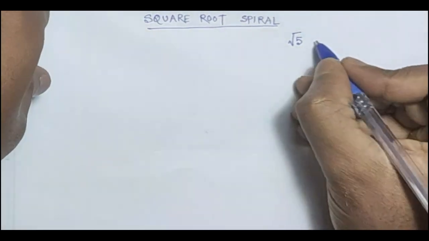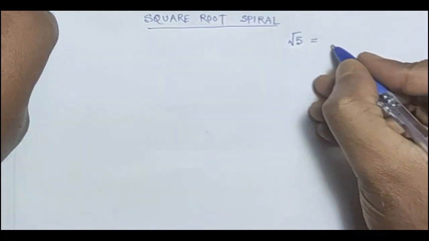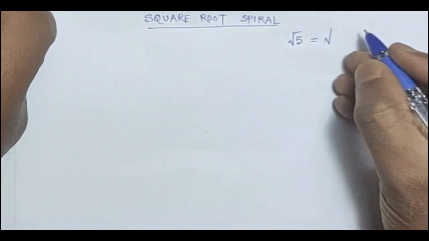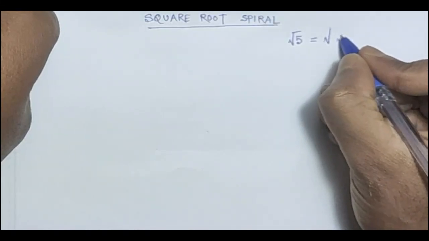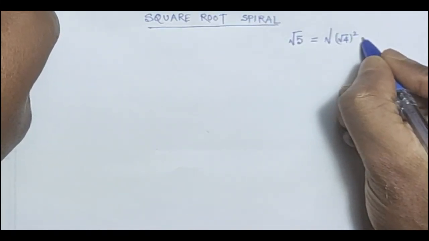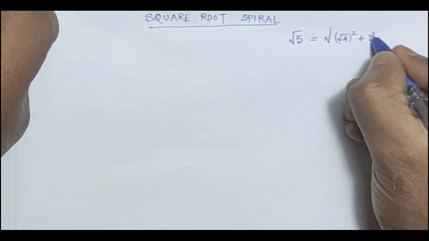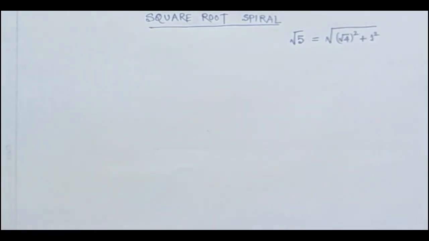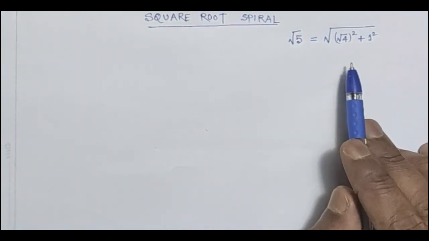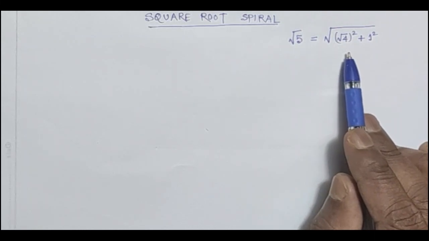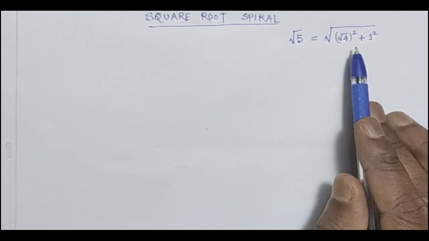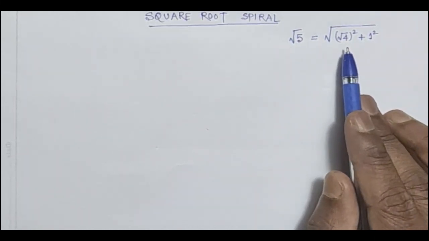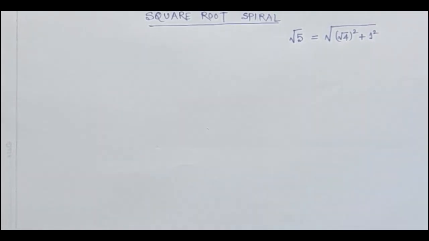Square root of 5 can be written as root over 4 square plus 1 square. The square of 4 is 16, no wait, root over 4 square is 4, and 1 square is 1, so 4 plus 1 is 5, giving root 5.